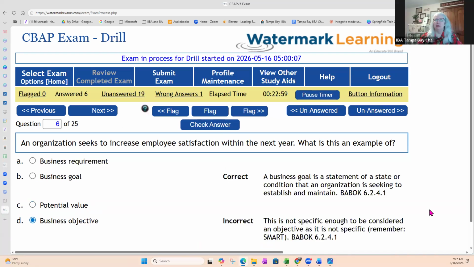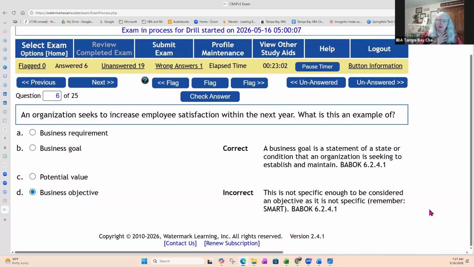Okay, let's test business objective. Remember that BABOK does this kind of in reverse to the way we think about it. A business objective requires it to be fully SMART. You were right, that it is time bounded, but it doesn't say how much. It's not increase employee satisfaction from its current state to 32%, so it doesn't give us enough to be an objective. This is a business goal because it's a statement or a state or condition that the organization is seeking to establish and maintain.